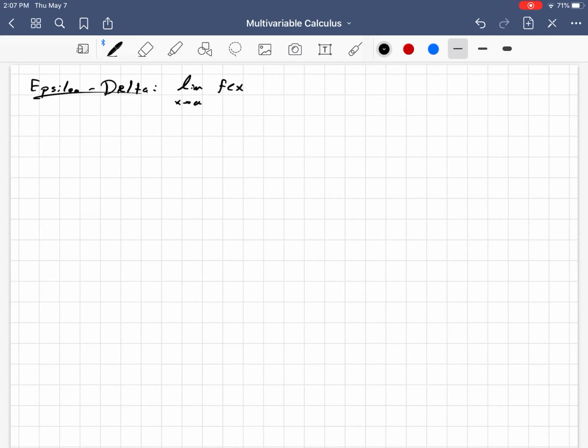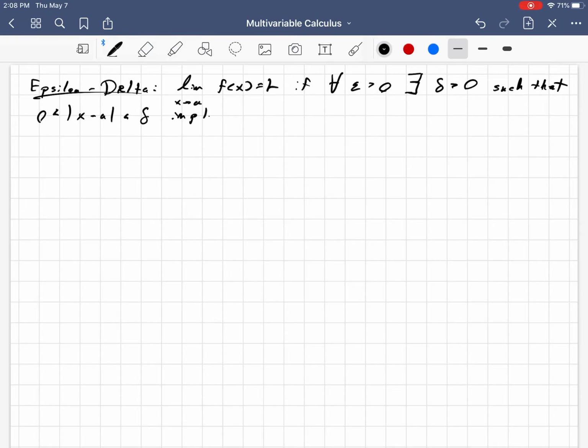We said that the limit as x approaches a of f of x is equal to L if for all, that's what this upside down A means, for all epsilon greater than 0, there exists, that's what that sideways E means, there exists a delta greater than 0 such that 0 is less than the absolute value of x minus a is less than delta, implies that the absolute value of f of x minus L is less than epsilon.